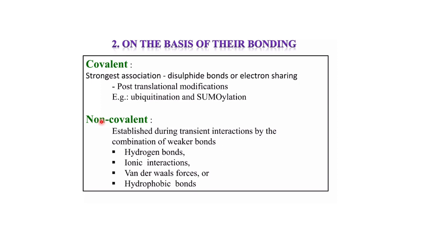Now, how do you categorize them based on their bonding abilities? For that, you have the covalent type of bonding and the non-covalent type of bonding.